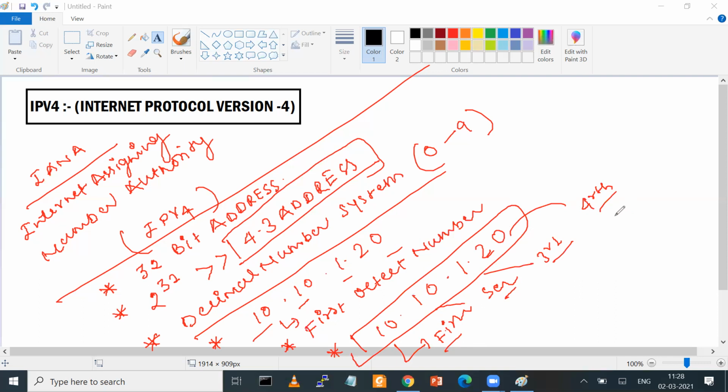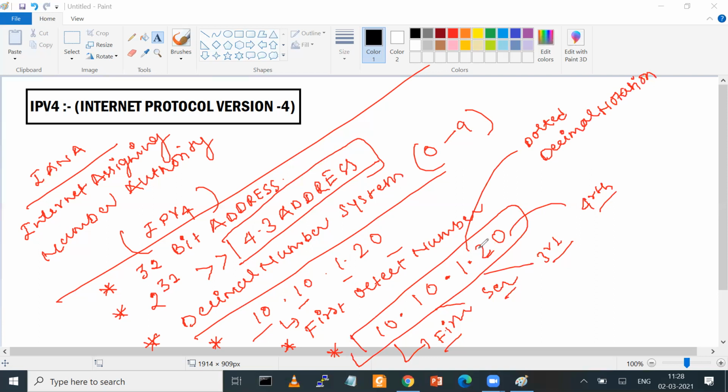We have 4 octets. Guys, whatever we mention with dots, we call it dotted decimal notation. This is my dotted decimal notation.